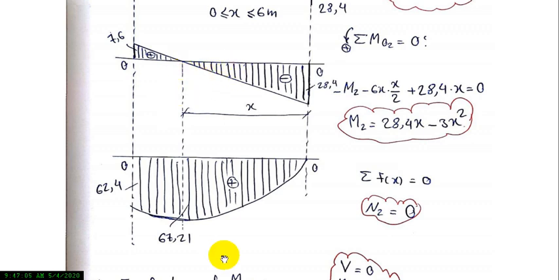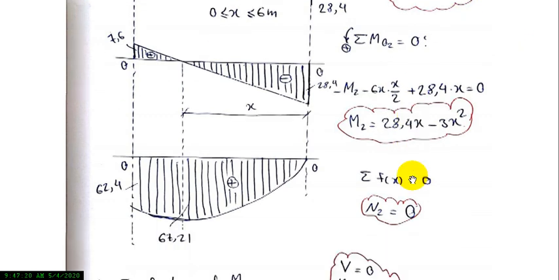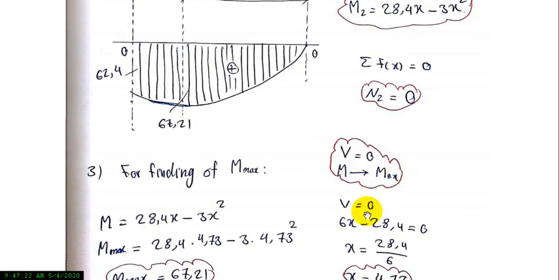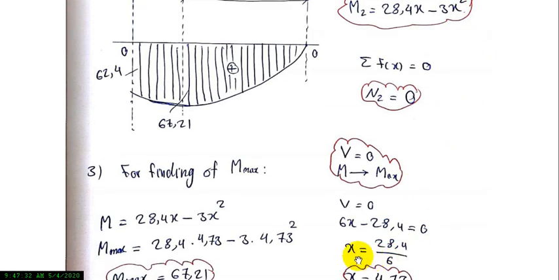So for finding the maximum moment, we take the shear and make it equal to 0. So we can find the price of x, which becomes 4.73, and we put this price into the moment equation.